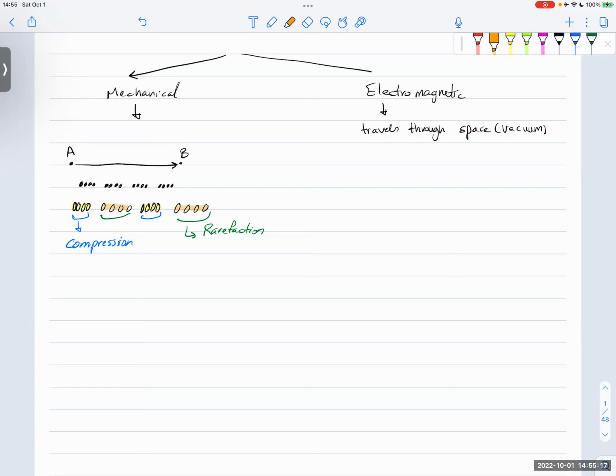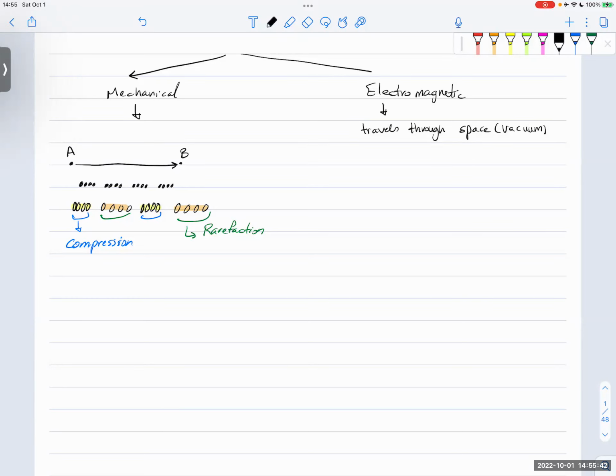That is the best way to describe the sound wave. It's a mechanical wave that moves an object from point A to point B by vibration, resulting in areas of high pressure or density known as compression, followed by areas of low pressure or density known as rarefaction, and that's how the sound wave forms.